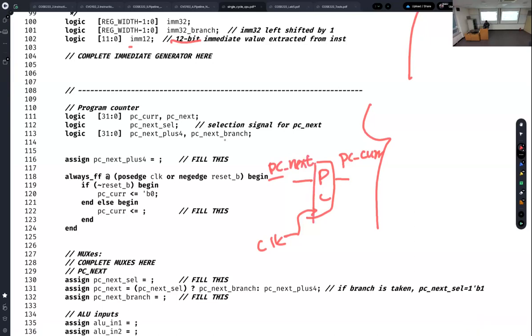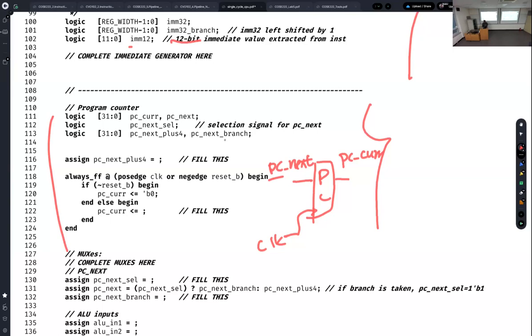As we learned, this part implements the behavior of the program counter. We learned the PC next plus 4. What is this? It's PC plus 4, right?